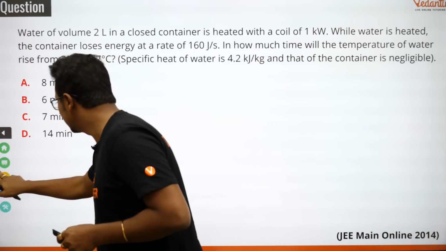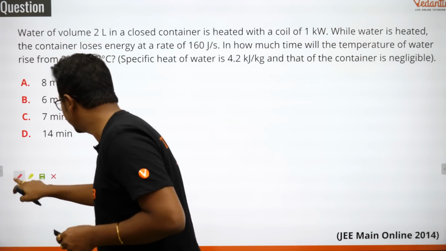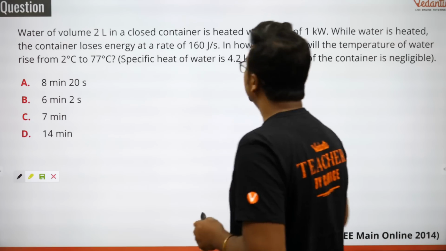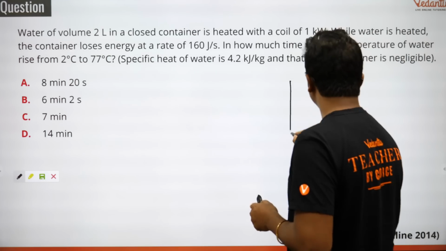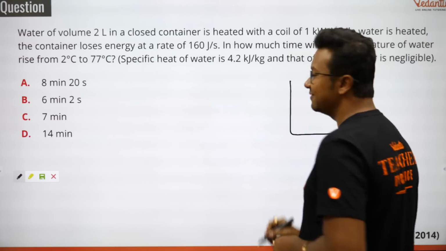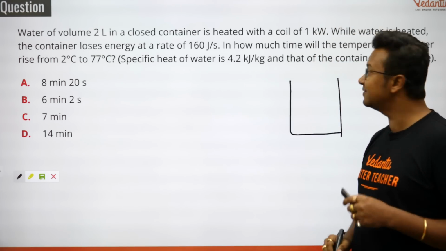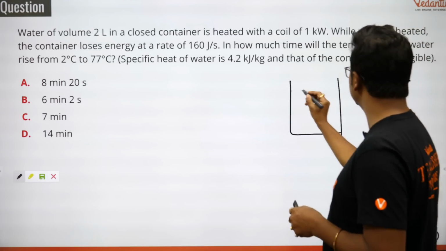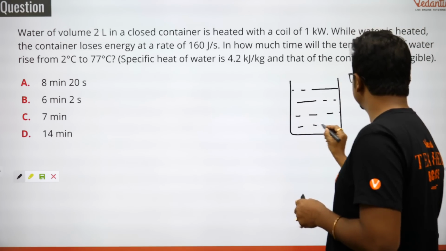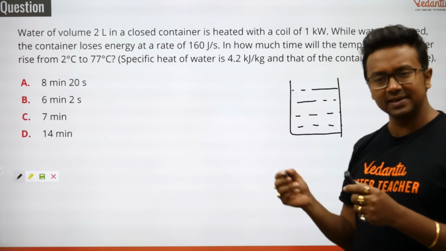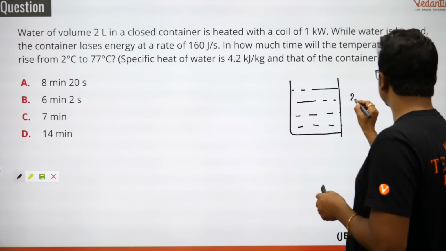Let me just get the pen mode started here. So I have got a vessel, let's say. This is my vessel, and in the vessel definitely there is water. I have kept water inside the vessel, and the total volume is equal to 2 liters.